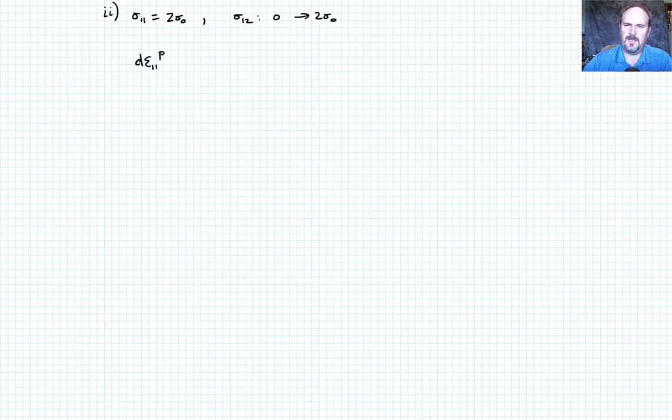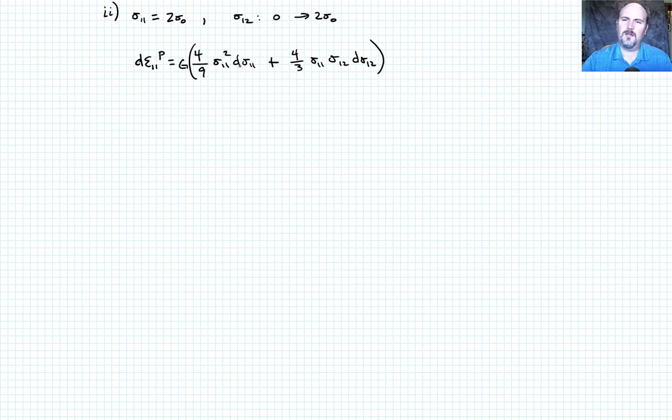So d epsilon 1,1 P, remember that's going to be equal to g times 4/9 sigma 1,1 squared d sigma 1,1 plus 4/3 sigma 1,1 sigma 1,2 d sigma 1,2.